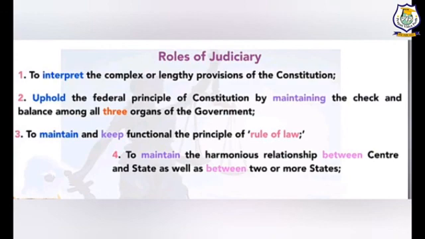Last year I have explained this. Second is to uphold the federal principles of Constitution by maintaining the check and balance among all three organs of the government. Third, to maintain and keep functional the principle of rule of law. Fourth is to maintain the harmonious relationship between the center and the state as well as between two or more states.